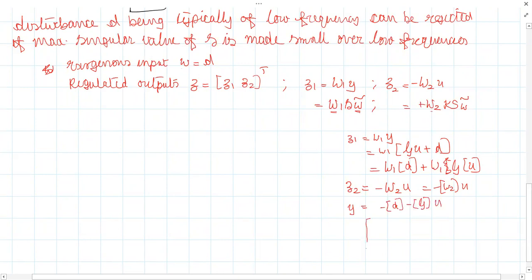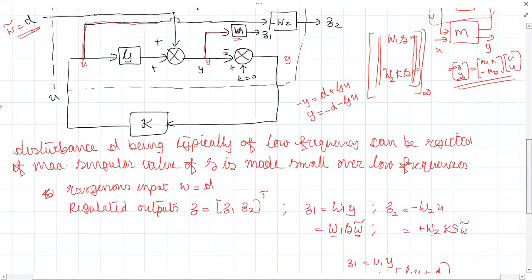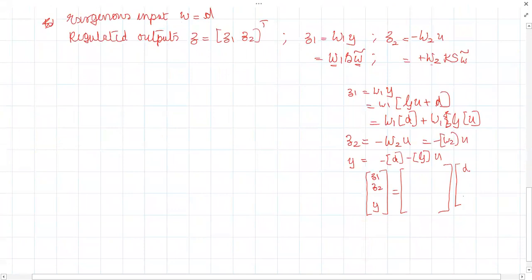Okay, so in LFT form or two-block form, what will you get? Z1, Z2, then y must be equal to something into w and u. What should be the first block?